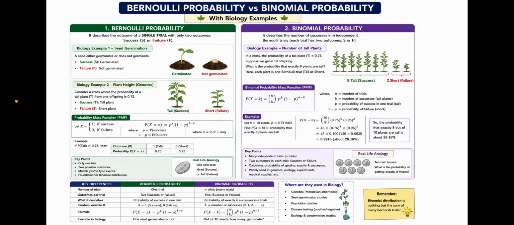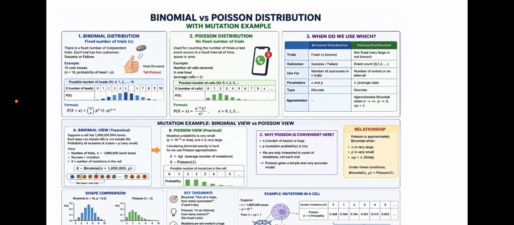That means when there is 50% head and 50% tail in the first trial, that must be there in the second trial also, like that. Okay, next is the Poisson distribution or Poisson probability and binomial probability.